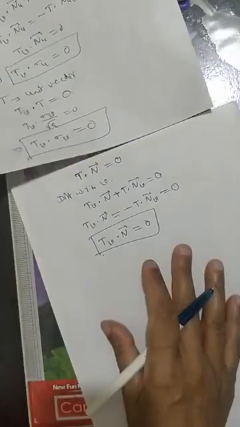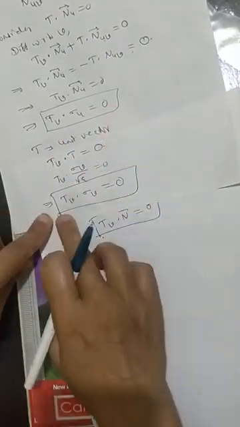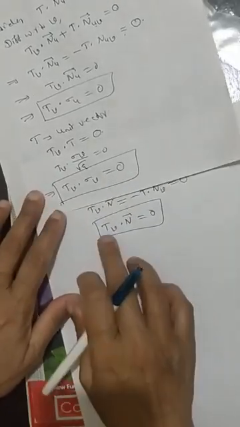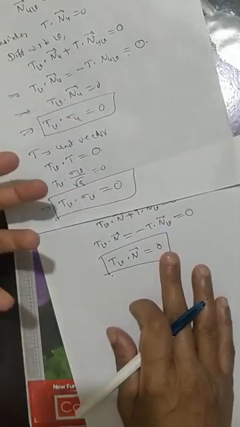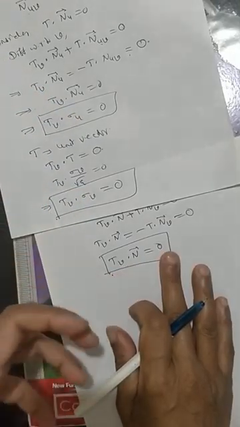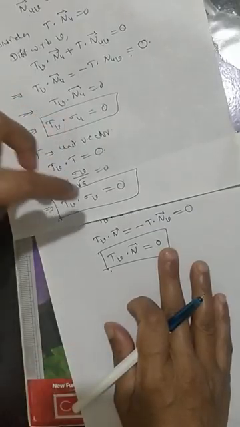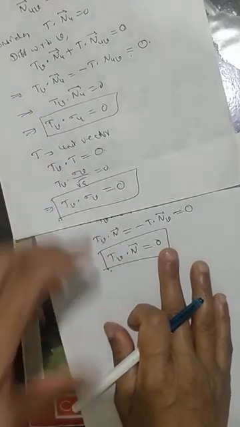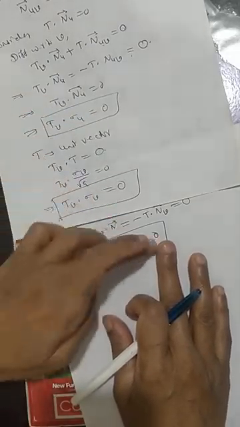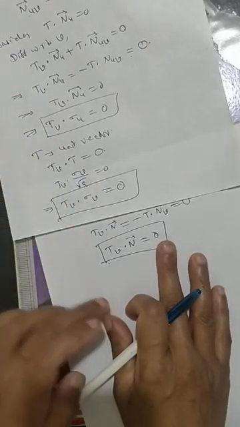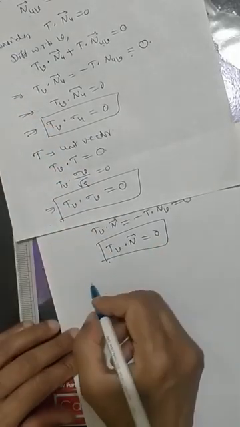Okay, so what I have, Tv dot sigma u is equal to 0, Tv dot sigma v is equal to 0, Tv dot n is equal to 0. These two are the tangent vectors which are mutually perpendicular to each other, and n is a standard unit normal. So sigma u, sigma v and n form the basis for R3, and all these dot products are 0 with the Tv here. So Tv must be 0.